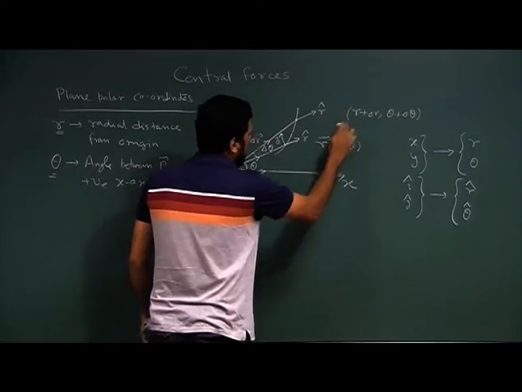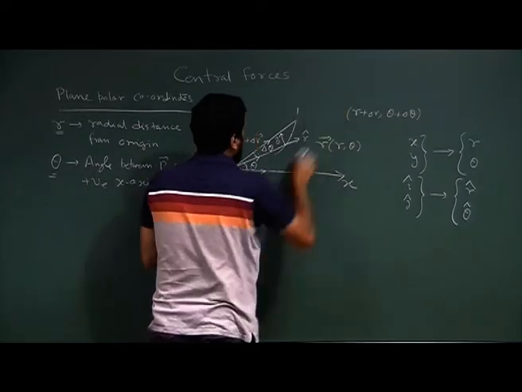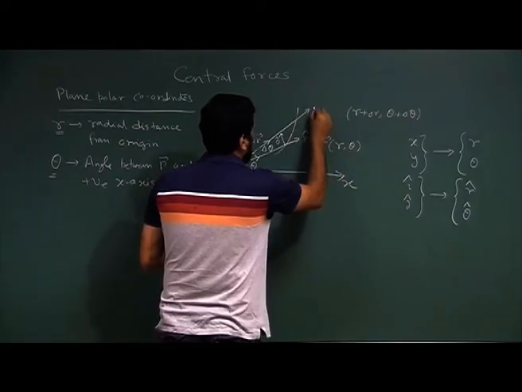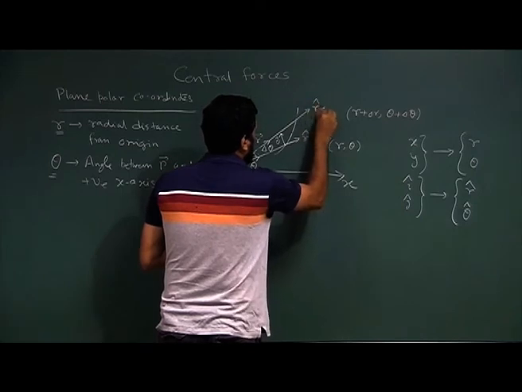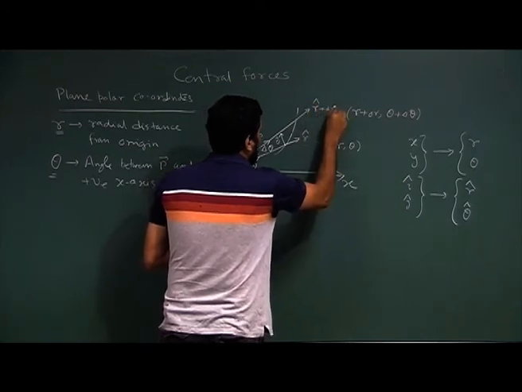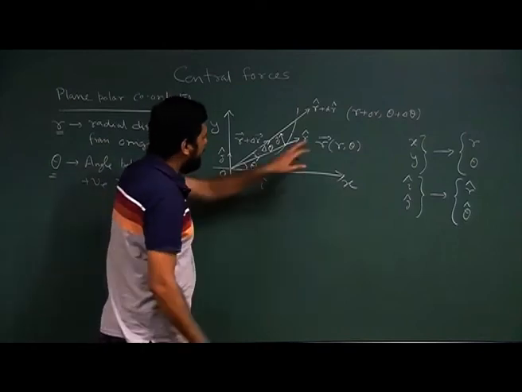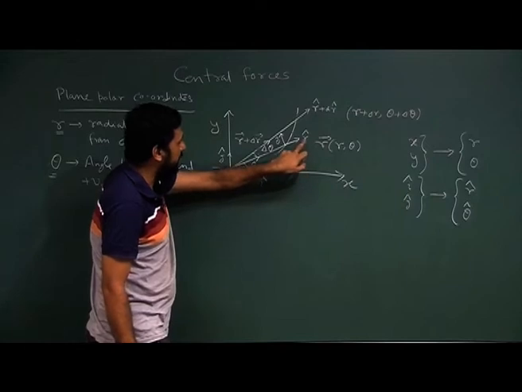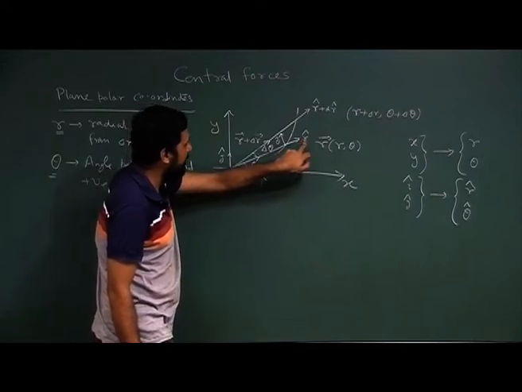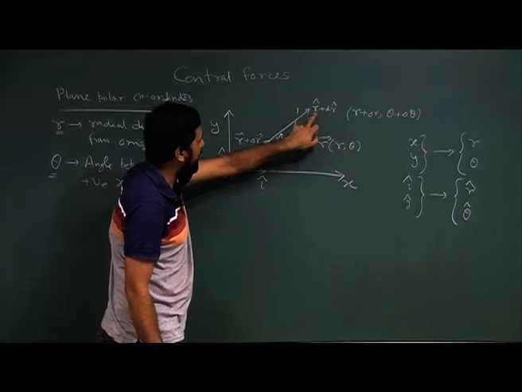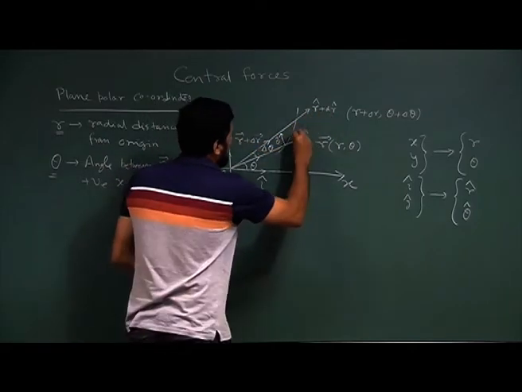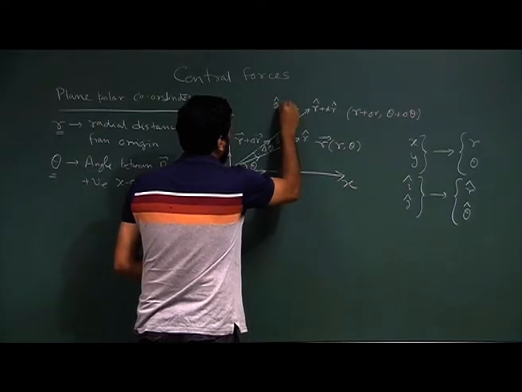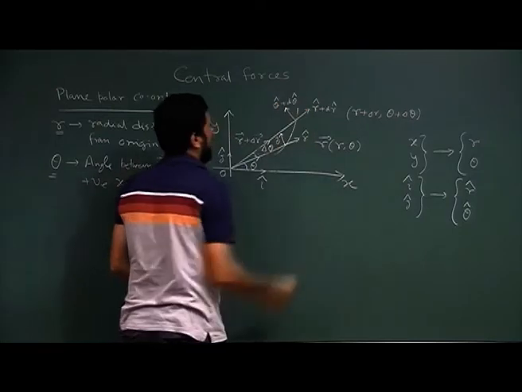Sorry, it's not nicely drawn, it has to be along this line. So, we call this r cap plus dr cap. That means r cap is not a fixed direction, it is also changing. Let us say at time t it is r cap, and at time t plus dt it is r cap plus dr cap. Similarly, theta cap here is theta cap plus d theta cap.